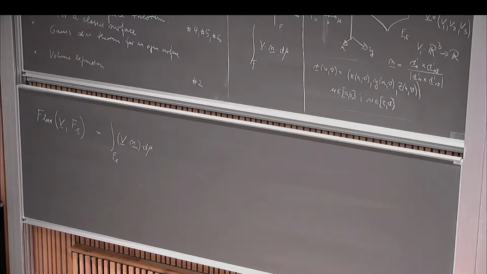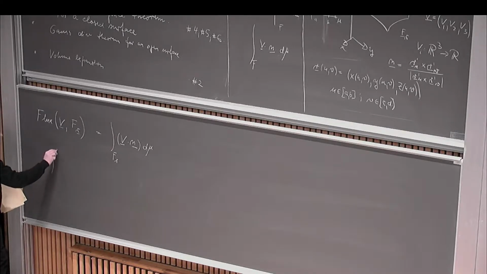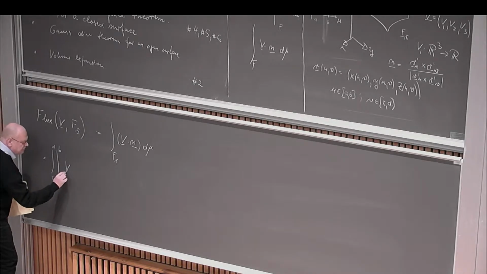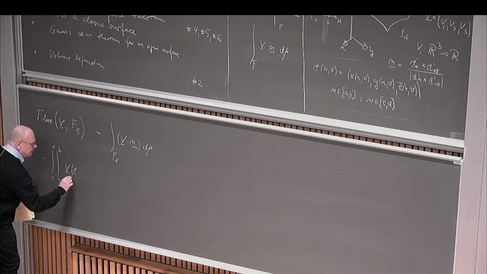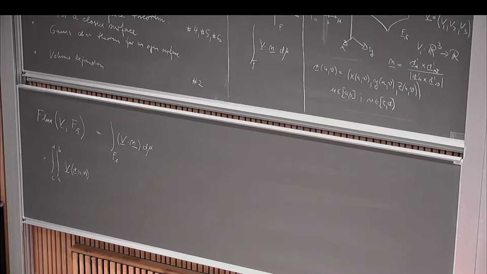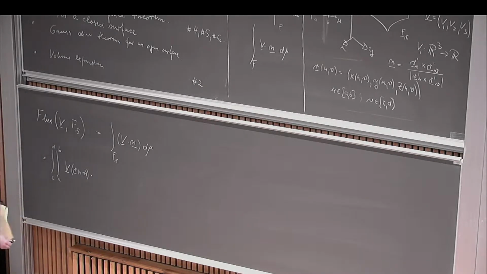And what we're going to do now is that we write this as a double integral. You integrate from A to B and from C to D in your parameter space. And then you have the restriction of the vector field to the surface. And you do that by entering the parametric representation into your vector field. Then you dot it with your normal vector.